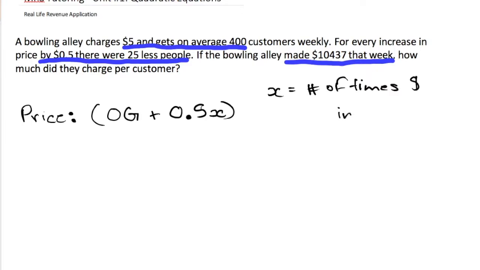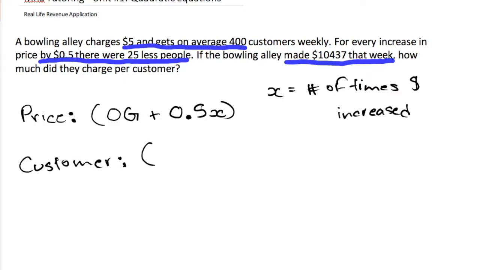After we have the price bracket, we have to allot one bracket for the amount of customers at the bowling alley itself. So the customer bracket would look something like this.